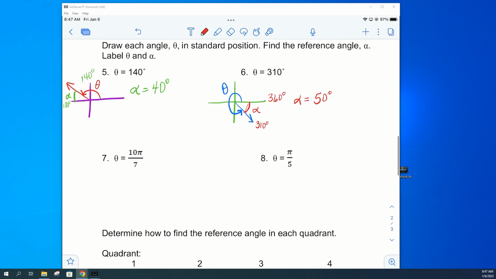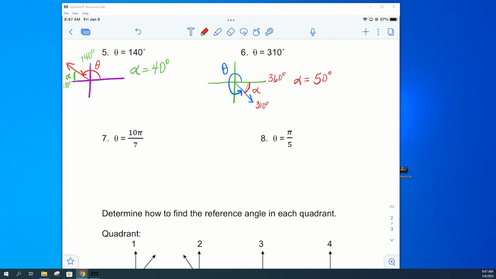Now let's do radians. Radians is a little bit harder. Maybe figuring out where they are might be, but that's good practice to do that as well. So let's check it out. 10 pi over 7. And I know you could say, well, I could change it to degrees, but I hope that you can kind of reason that out without doing that. Remember, if I put common denominators of 7, this would be 0.